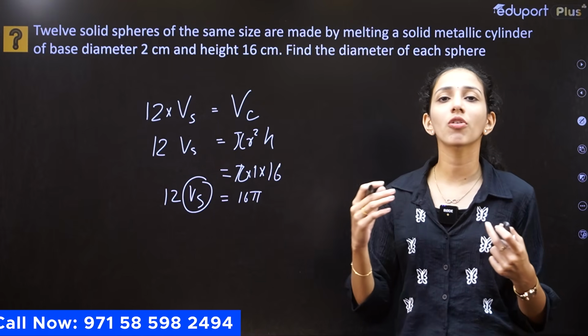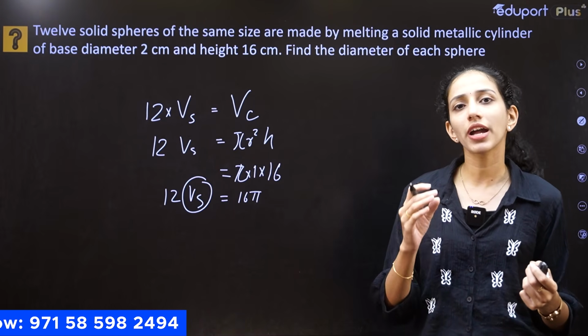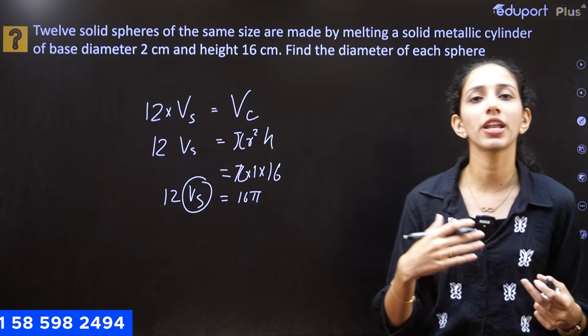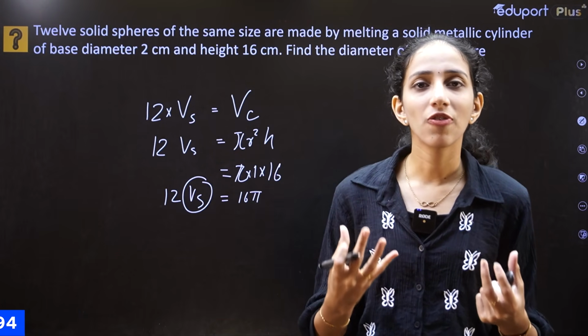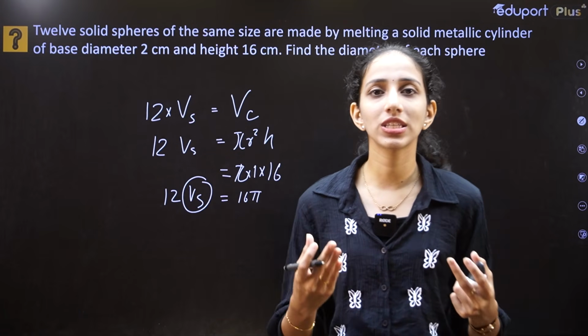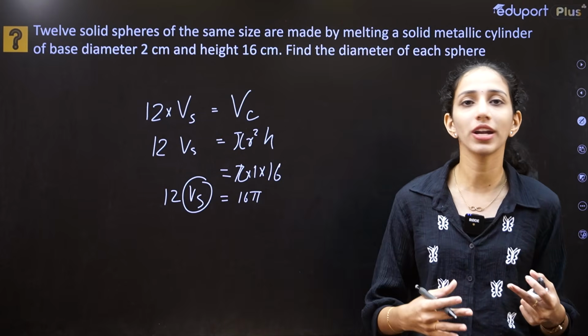And if the questions are related to volume, they are like finding the total capacity of any vessel, or any room which is in the shape of a combination of solids.